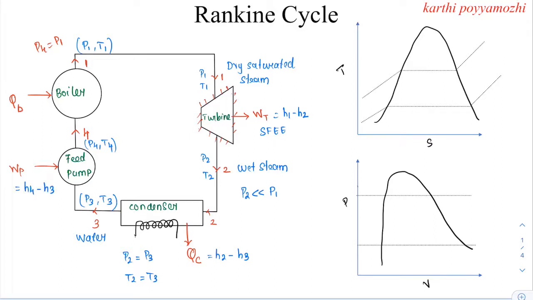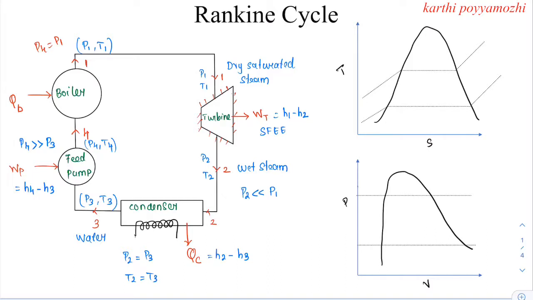This work given to the feed pump increases the pressure of the water, but the temperature remains more or less the same. There won't be much difference in the temperature, but the pressure will be drastically improved. That is, P4 will be much greater than P3.